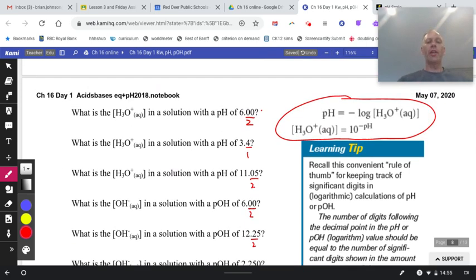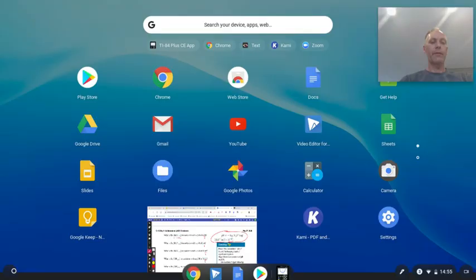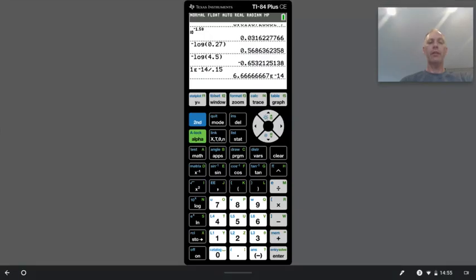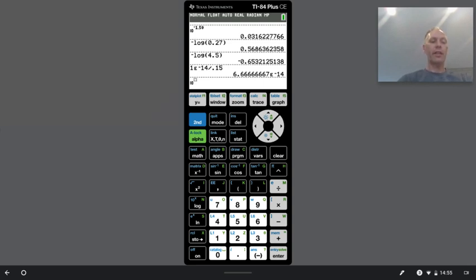Formula, pH. We want to calculate concentration of hydronium. So concentration of hydronium is 10 to the negative pH. On your calculator, if you've forgotten how to do that, you do second log button, which has the 10 to the x. So to the left of the 7 is the log. So when you hit second log, you get the 10 to the x, and we were going to go 10 to the, and that's negative pH.